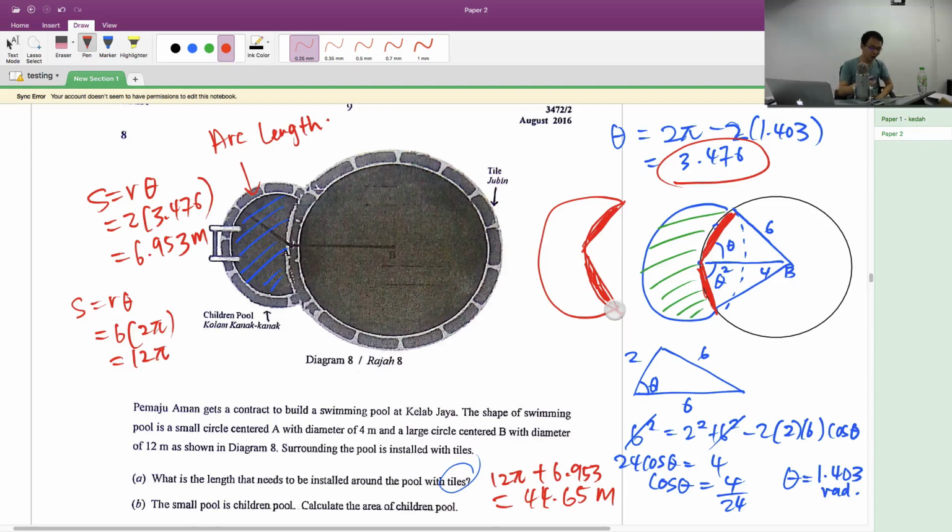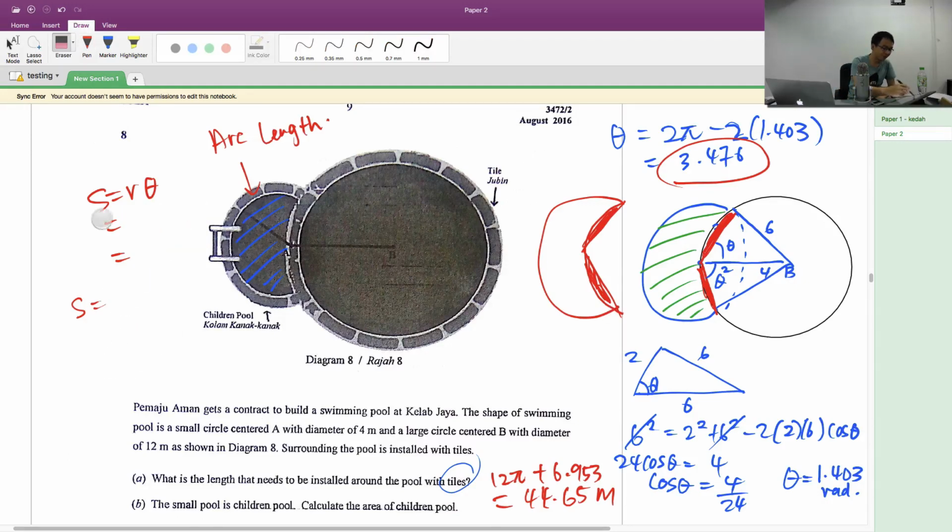So what I will do over here is, I will find the segment one first. Since I know both segments are the same, luckily it's not too bad. So I want to find a segment. This one we call it segment. Alright, this is 6, 6. And then we actually can know this angle.